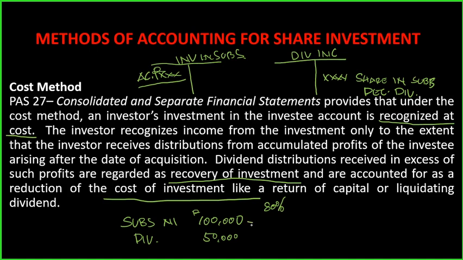So 80% of the net income will be 80,000. This one will not be recorded under cost method, and 80% of the dividends will be 40,000. This one will be recorded as dividend income. So let's assume this is for year 1.